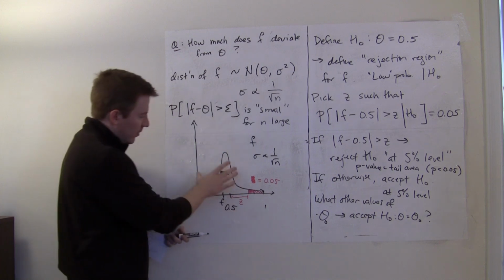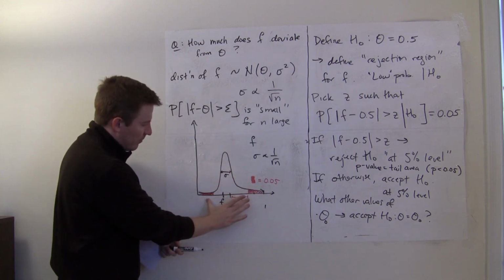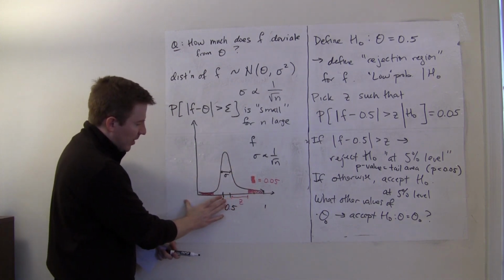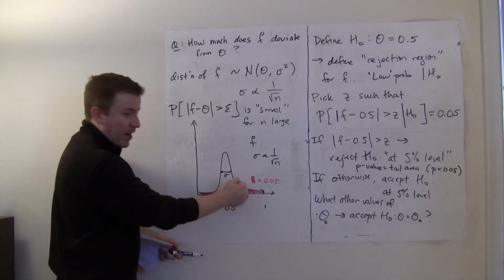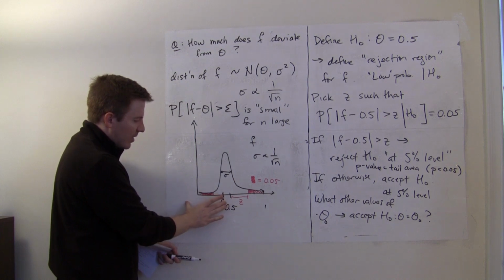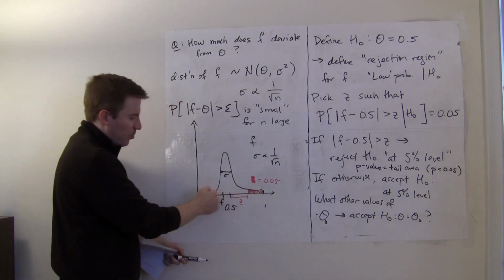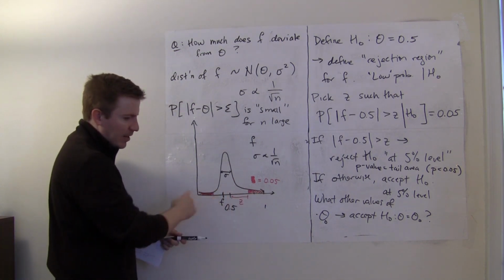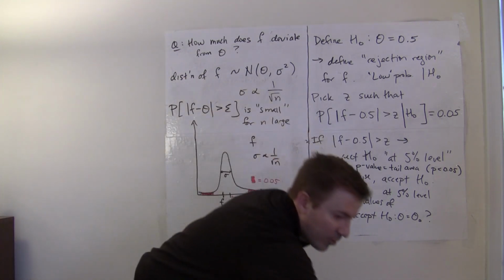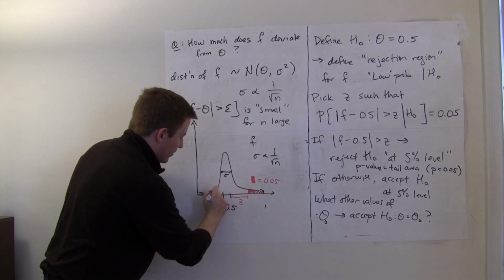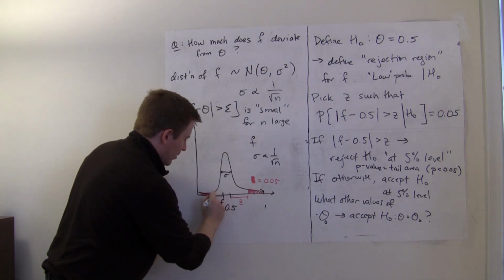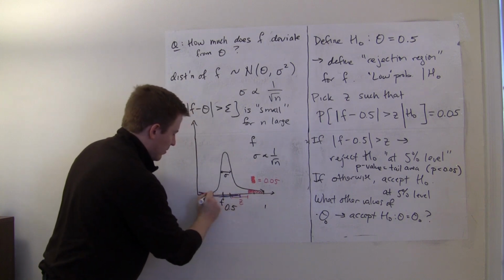That would consist of taking the distribution, sliding it down until f got to the very border of the rejection region on one side, and then sliding it up the other way until it got to the border of the rejection region on the other side. If we did that over and over again, we might come up with an interval. So we get some range of thetas, shown by this blue interval.